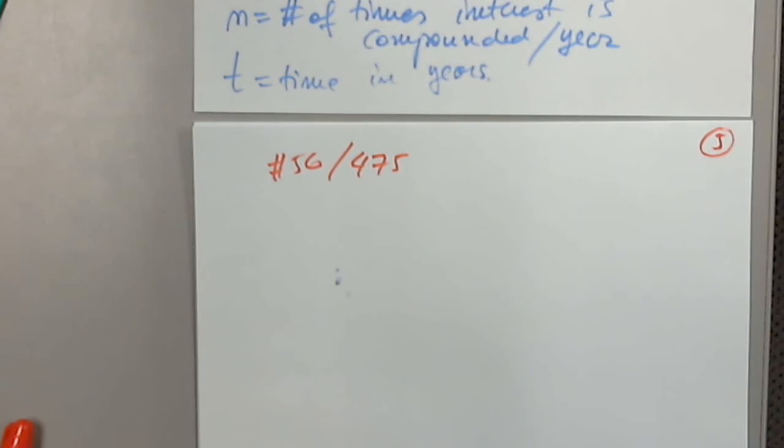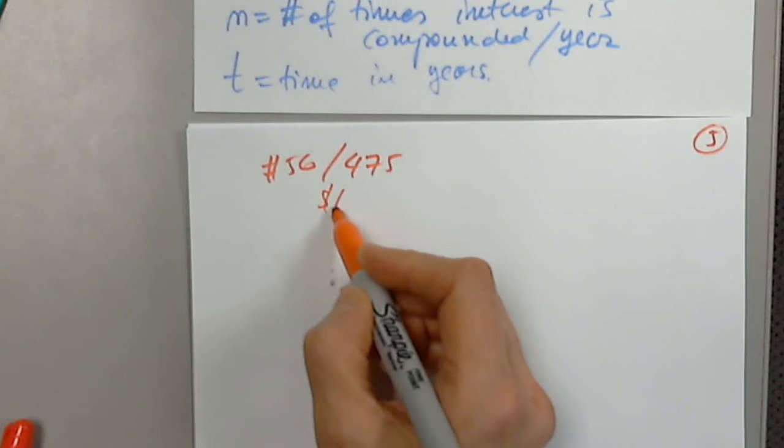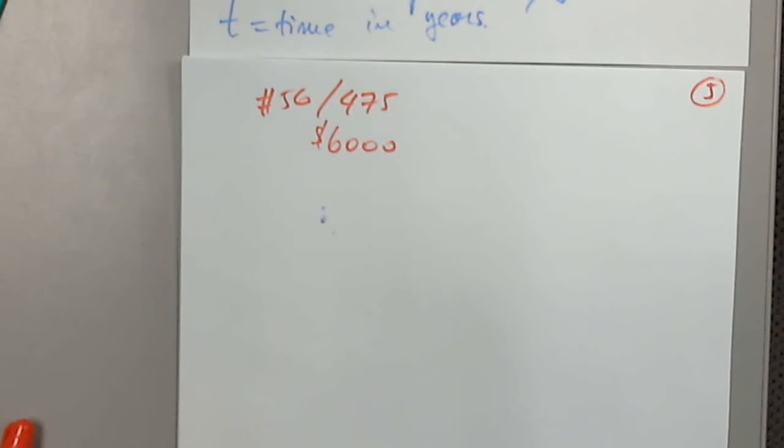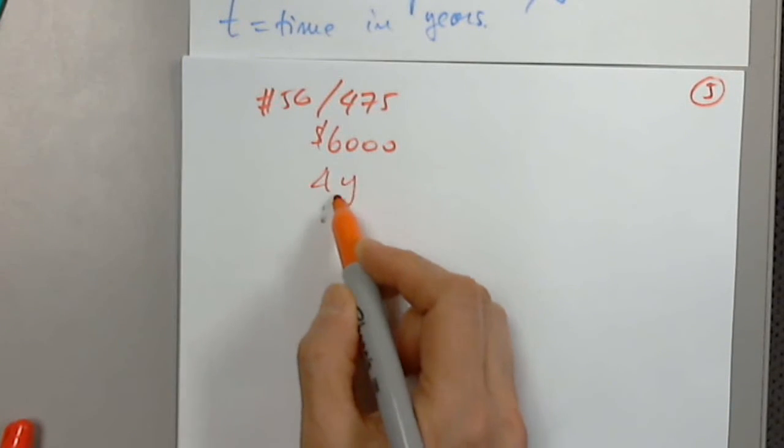Let's read it. Suppose that you have $6,000. I'm just copying the information, and then we'll identify which variable is represented by which number. Which investment yields the greater return over 4 years?